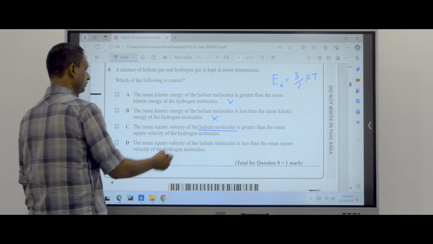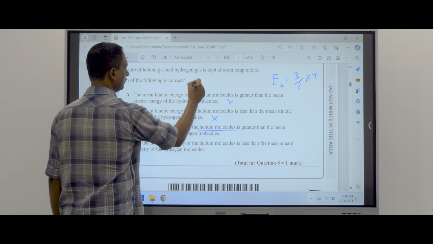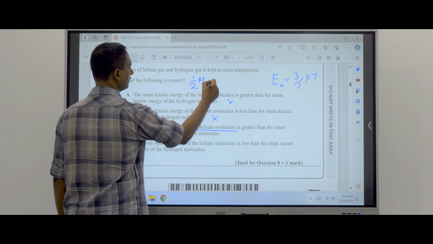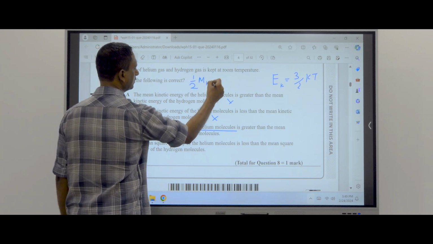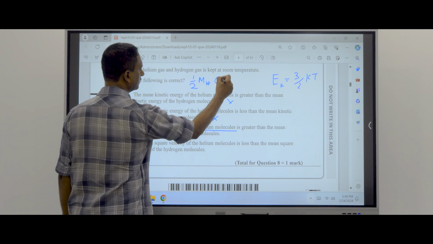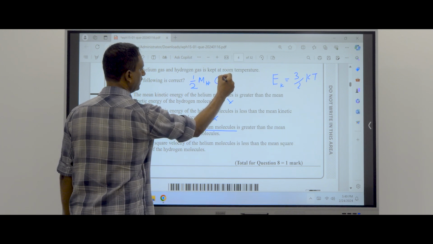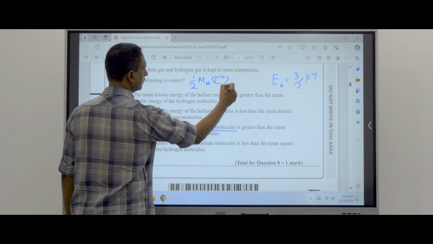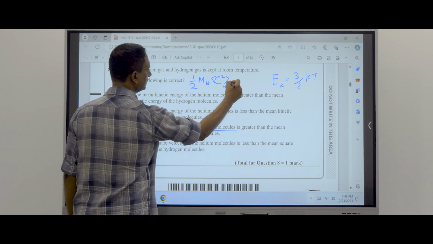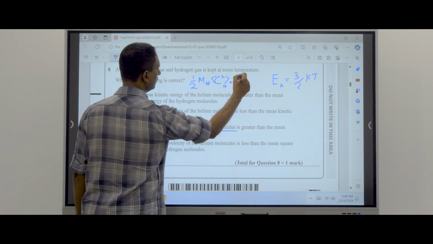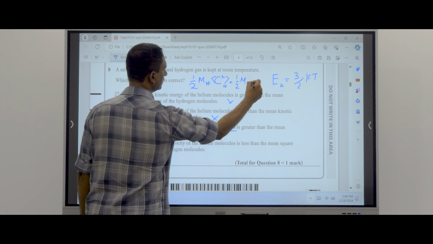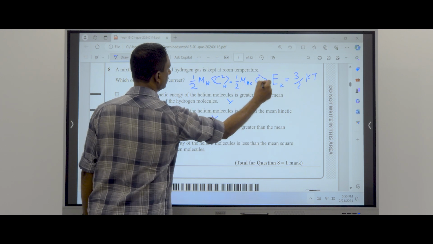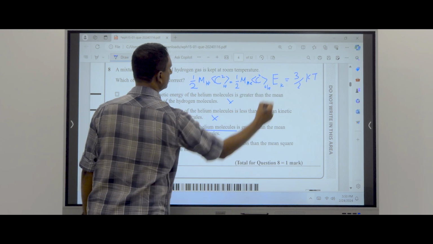If you equate them, half into mass of hydrogen into c squared of hydrogen is equal to half into mass of helium into c squared of helium.